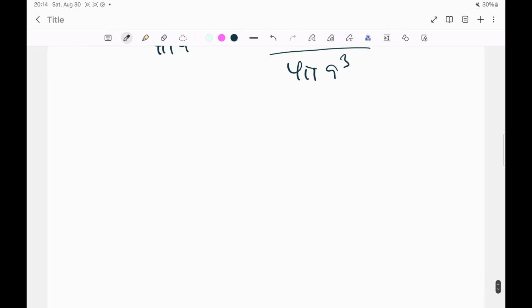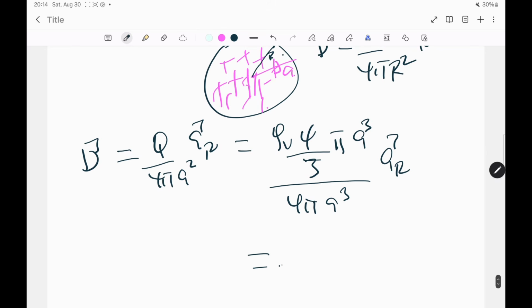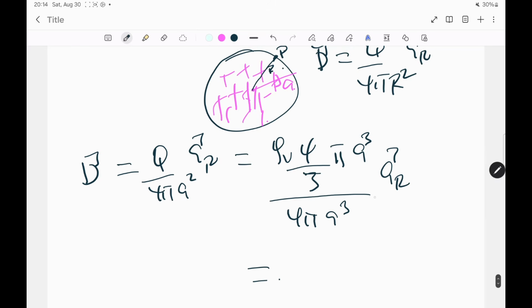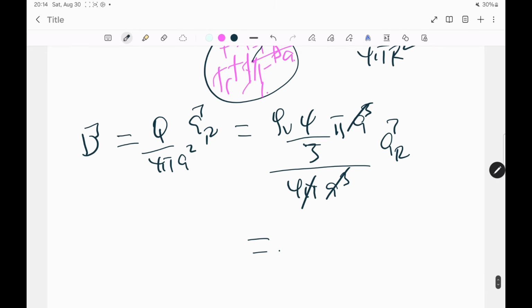Now with this that we have done here, this part will cancel. Here this part will cancel. You have this over 3, and here also will be 3 times A aR.